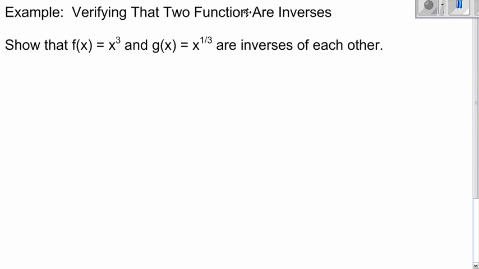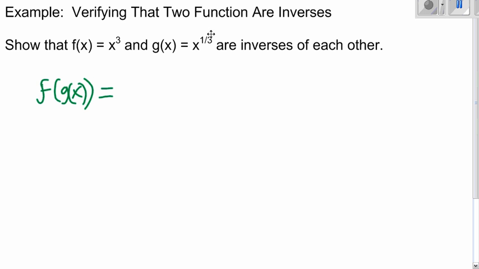To verify that two functions are inverses, all we have to do is compose them together. So if f and g are inverses of each other, f of g of x is what we're going to look at. So let's plug g into f.